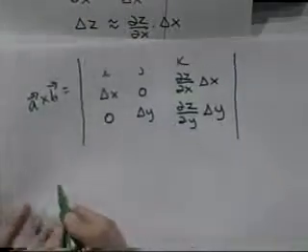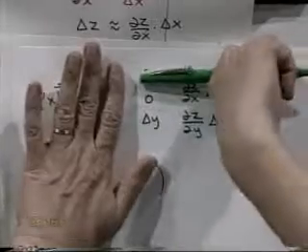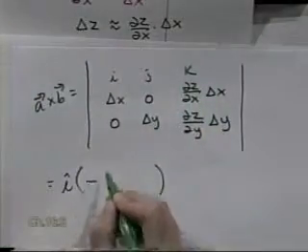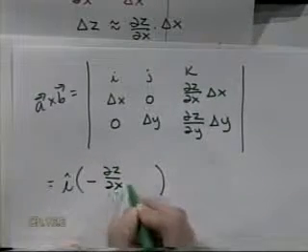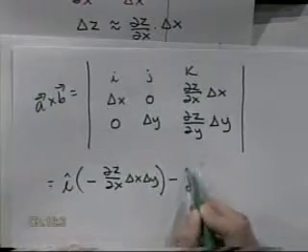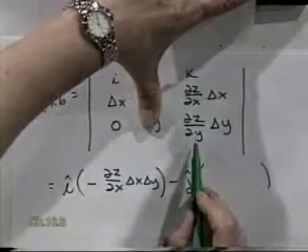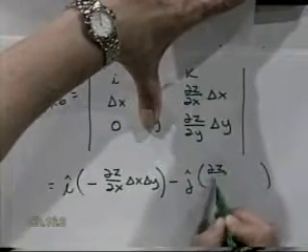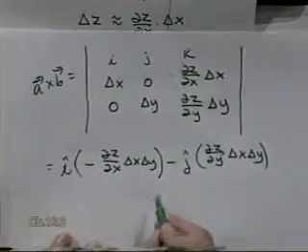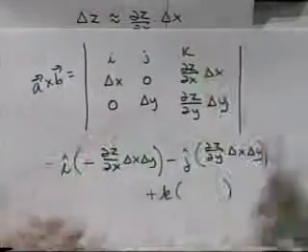So let's see, A cross B is going to equal i times, we eliminate the row and column that i is in, and we get 0 minus partial of z with respect to x, delta y. Then we go minus j, eliminate the row and column that j is in, and I get partial of z with respect to y, delta y, plus k times, eliminate the row and column k is in, you just get delta x times delta y.